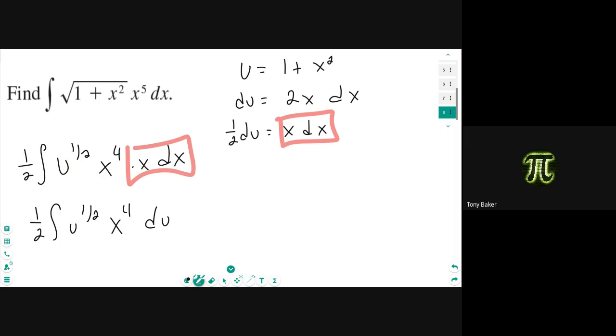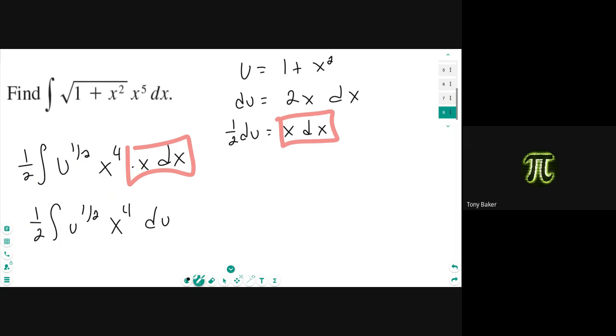What does u equal? What does x squared equal? u minus 1.